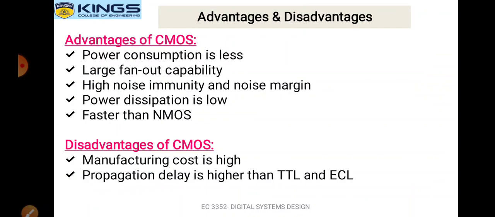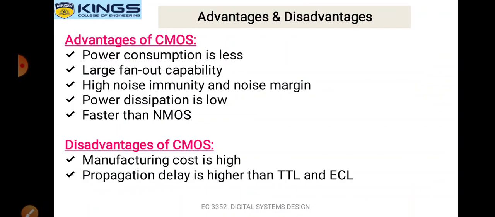Next one is advantages and disadvantages. What are the advantages? Power consumption is less, large fan out capability, high noise immunity and noise margin. Power dissipation is low and it is fast. It is faster than NMOS. These are all the advantages of CMOS.